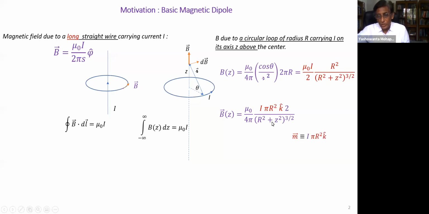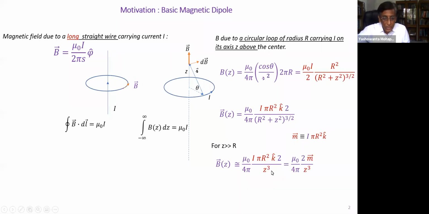But my main intention is to show that, in fact, many people take this as a definition. This area of the loop, pi r square, into I, is considered the magnetic dipole moment. We'll have more justification for that, but let me motivate it by saying this. So m is I pi r square k, and for z much larger than r, this goes as 1 by z cube.